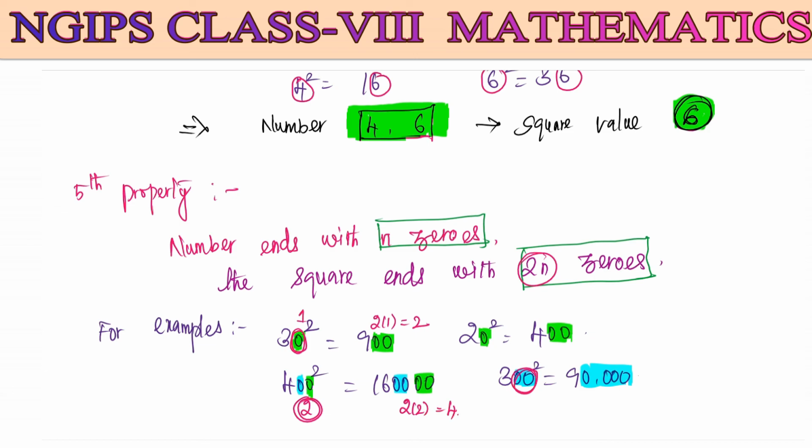So for any number that ends with n zeros, the square is going to end with 2n zeros. So this is the fifth property.